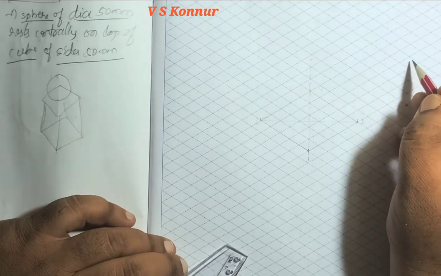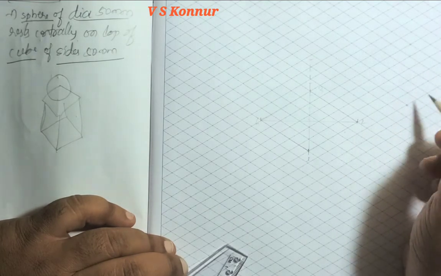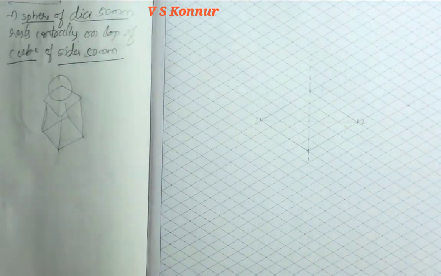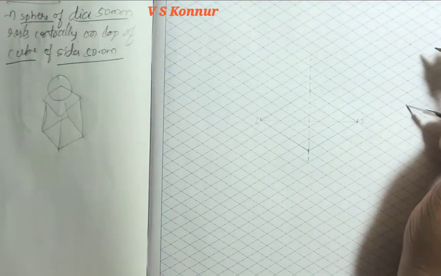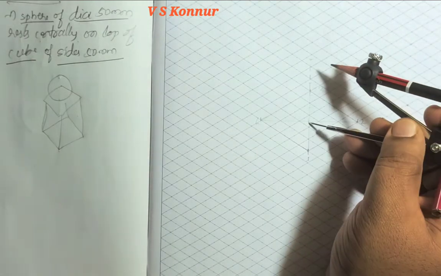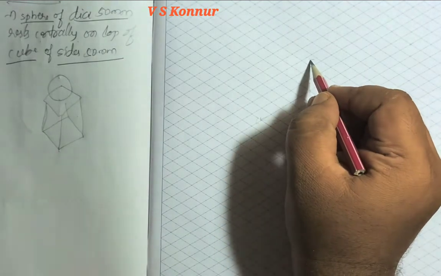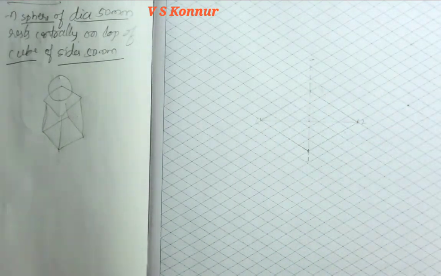From here to here you can cut. We'll check. See the distance I am taking, the 50 millimeter, and you can also check 50. You will get the same point. So here at the center we will get the height. This is how you have to take the distances.